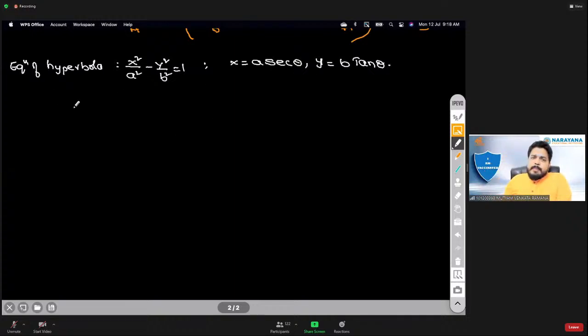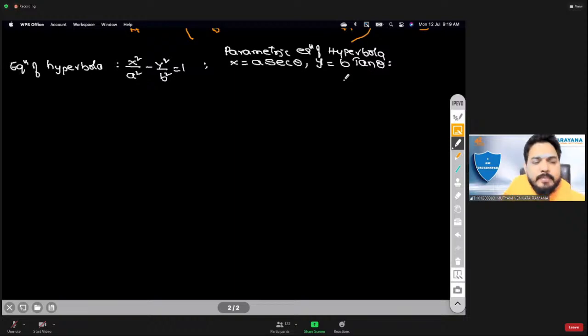So this is the parametric equation of hyperbola: x is equal to a secant theta, y is equal to b tan theta.